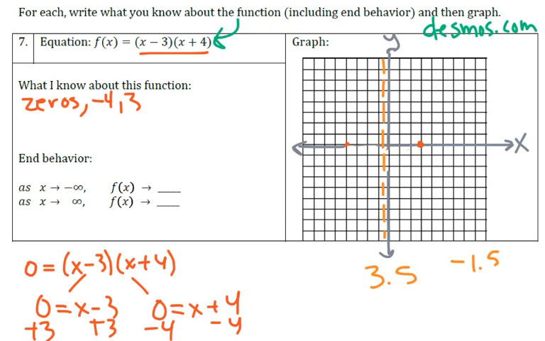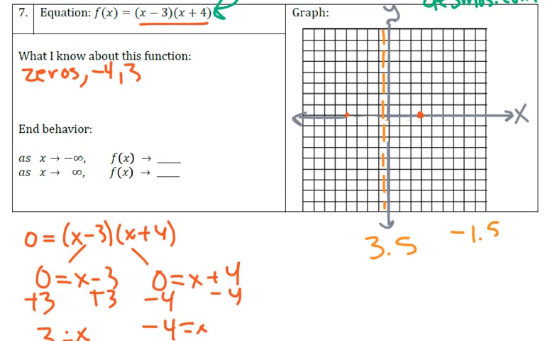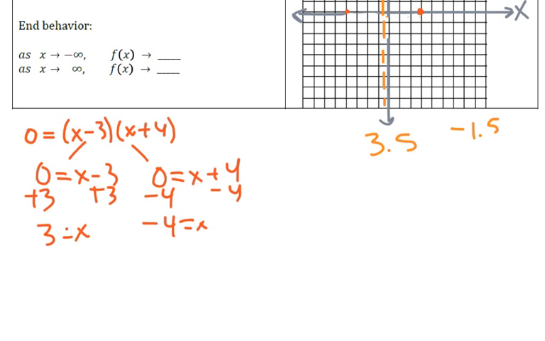So I could plug in negative 1.5 and figure out what my vertex is going to be. So f of x equals, I guess x is negative 1.5. Negative 1.5 minus 3 times negative 1.5 plus 4.